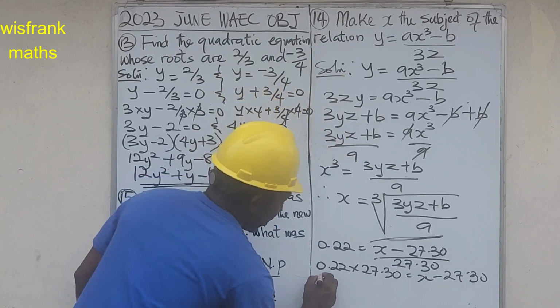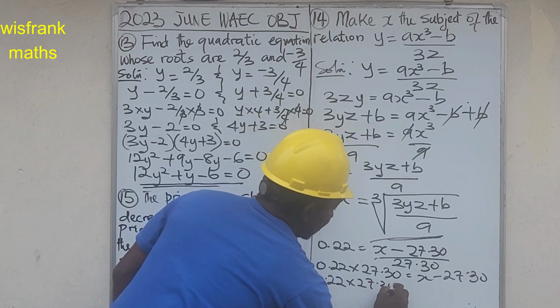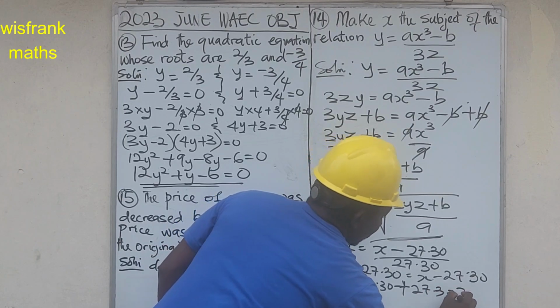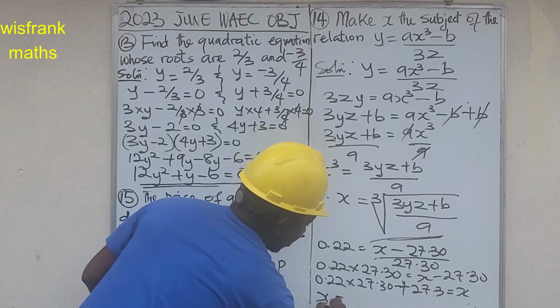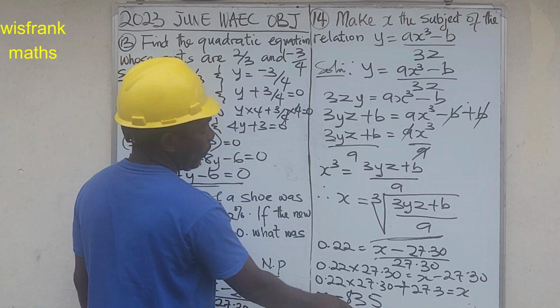So in this case, we have 0.22 times 27.30 plus 27.30 equals x. So when you multiply this and add this, our x will be equal to $35. So the value of our x equals $35.